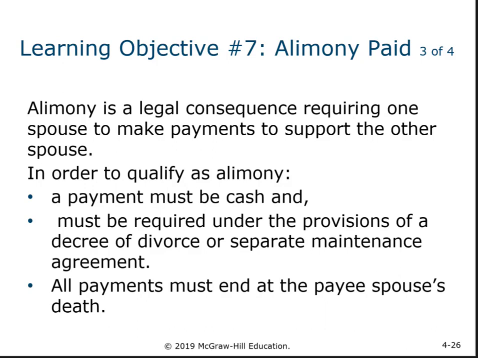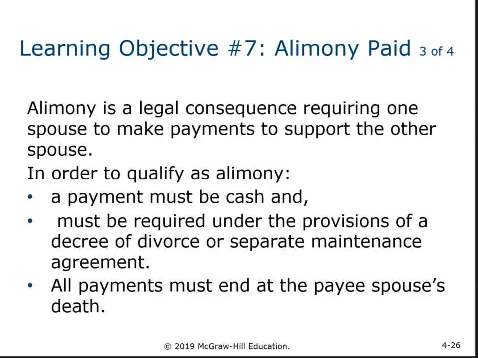Okay? Now, besides that, alimony has to qualify as alimony and be deductible to the payer spouse and included as income for the receiving spouse. It must be in cash. It must be according to the agreement. Okay, so it can't just be whatever they want to pay. It has to be in writing in the agreement. Okay, and the payments must end at the payee spouse's death.